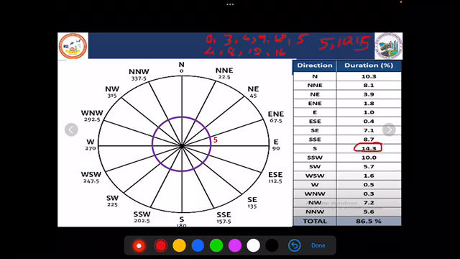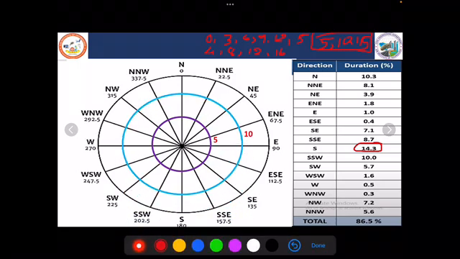Any scale you can choose, and concentric circles can be drawn. In this example I am considering a division for every 5 percent interval. The first concentric circle is for 5%, the second for 10, and the third concentric circle is for 15%. So now the Windrose diagram is ready.